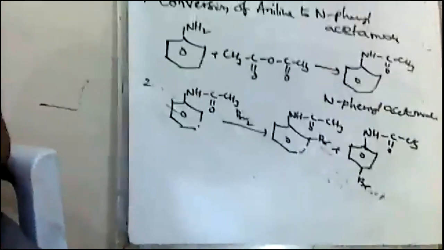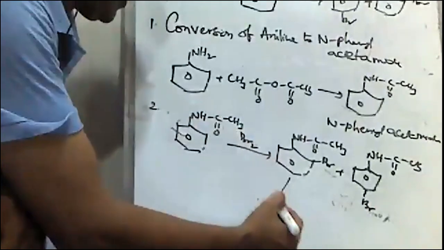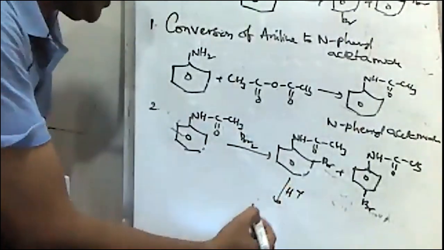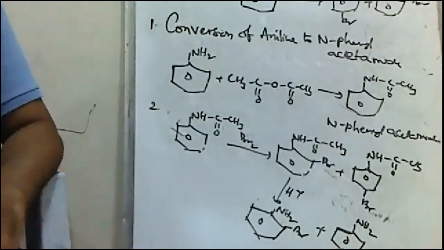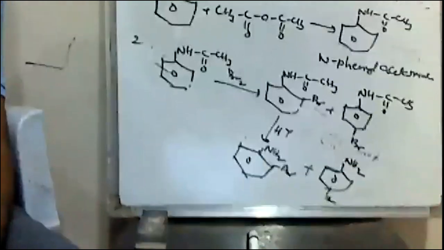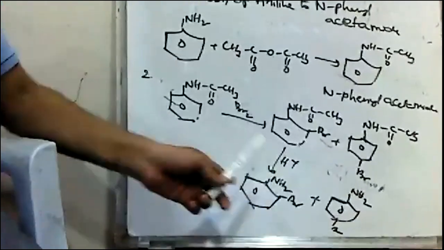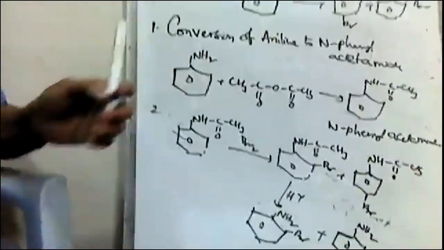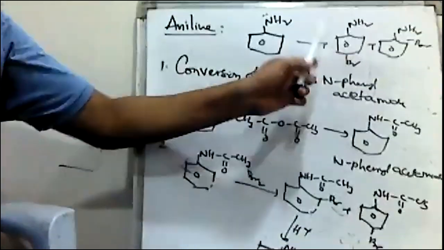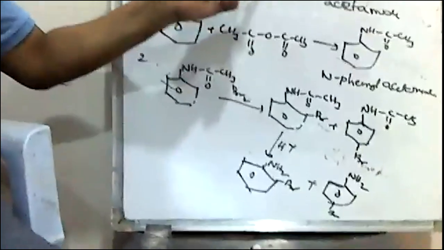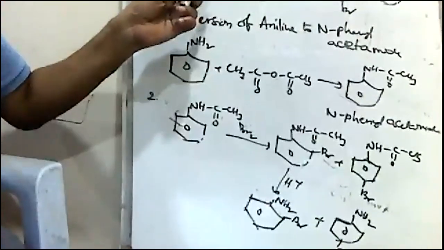This on further hydrolysis gives ortho-bromoaniline and para-bromoaniline.